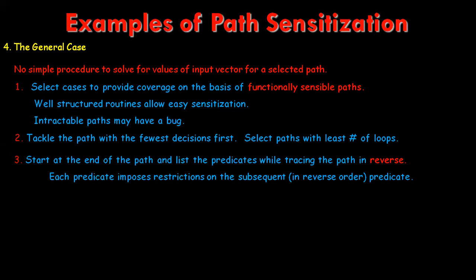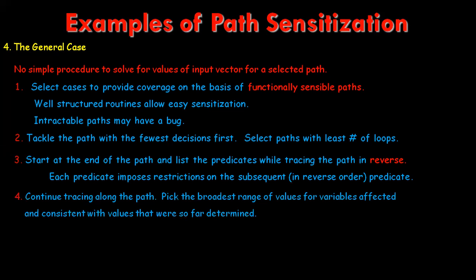Here we have to trace the path in reverse, and list all the predicates in the order in which they appear. The first predicate that imposes restrictions on the subsequent predicates is the last on the path.